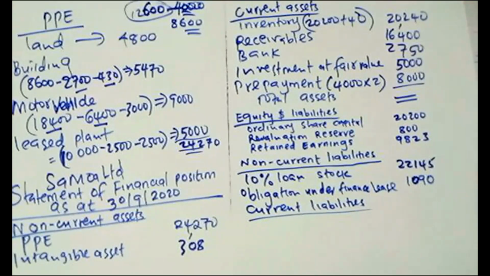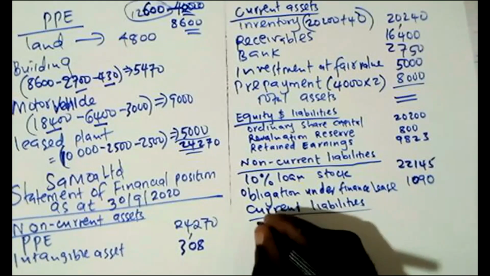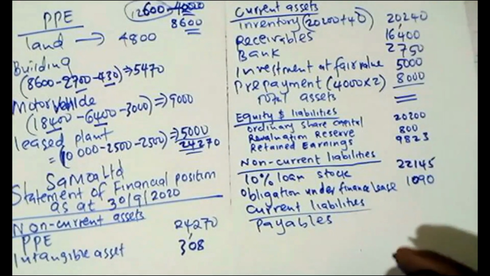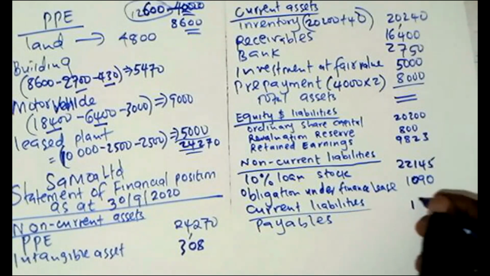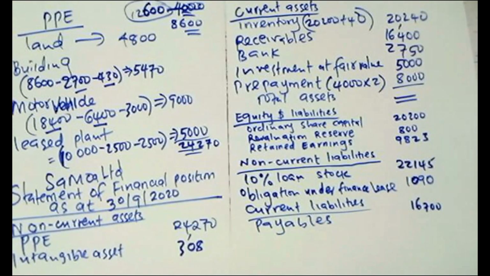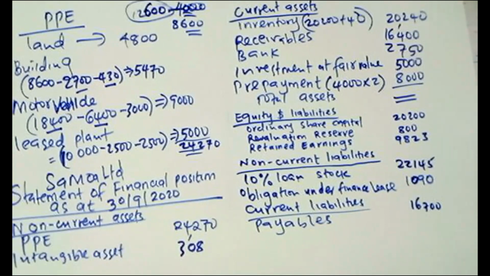For the current liabilities, we have payables. Payables from the trial balance is 16,700. Other than the trial balance, we have various current liabilities which are in the question, under the additional information.